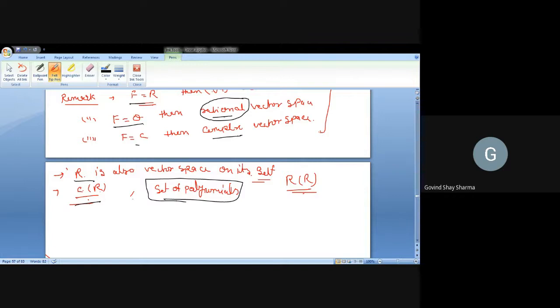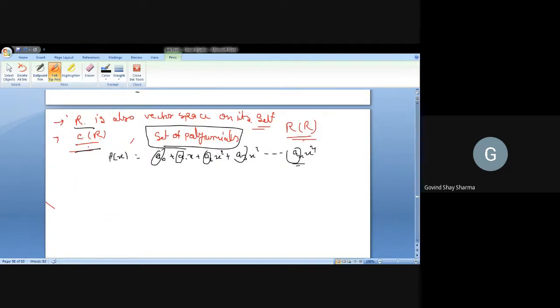We know the set of polynomials P(x) is equal to a0 plus a1 x plus a2 x square plus a3 x cube. This type of set is also a vector space, where a0, a1, a2 are constants. Now we take some examples of vector spaces. We will have to prove some theorems which are very important with respect to the exam and competitive exams.